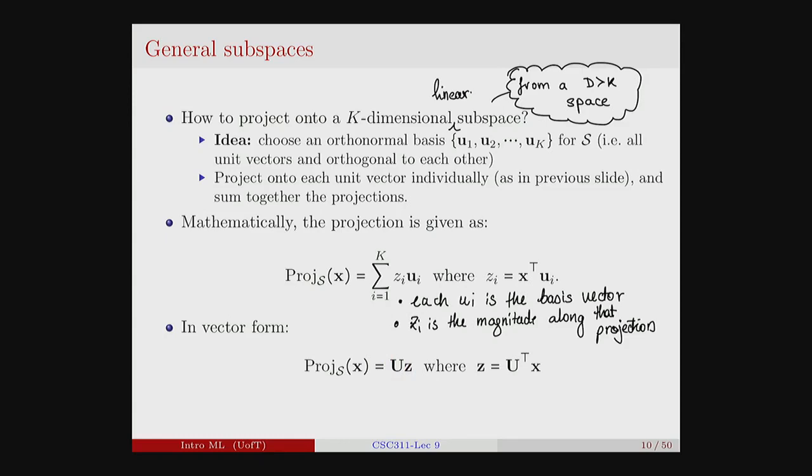Yeah? Sorry, would the D here also not be k? Because we're dealing with a k-dimensional subspace? No. So each of the orthonormal bases is represented in the original dimension. So when you take a vector in R^D, you need to be able to do this dot product. So each ui lies in R^D. And there are k such ui's, because you need k of them to represent all of the space within the subspace.